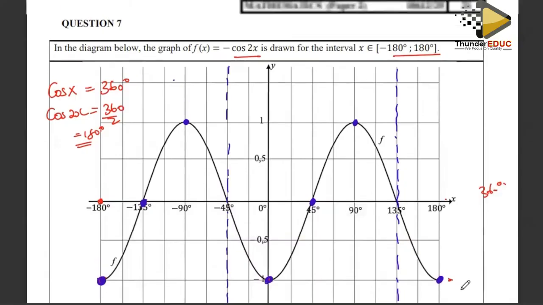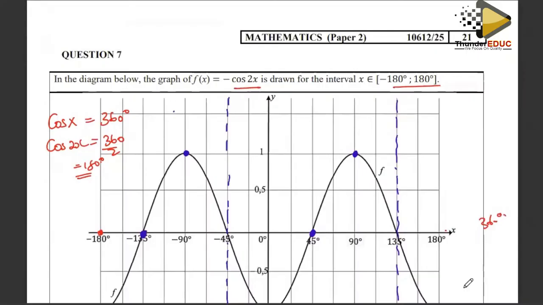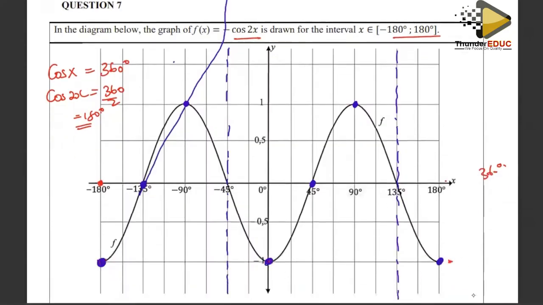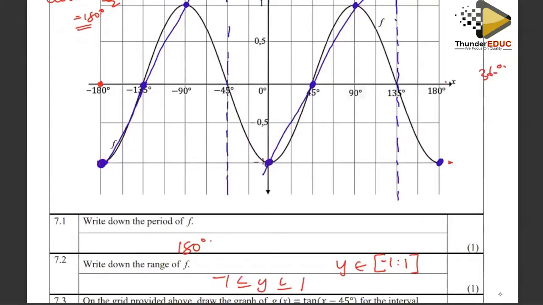Okay, so how do we plot this? Since it is moving towards the asymptote, we can just connect it like that. This one must move towards the asymptotes, just like that, and also towards this asymptote.